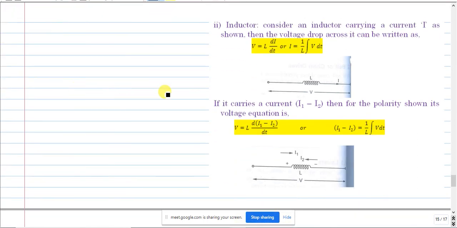The equation you can see here: the voltage drop across is given by V is equal to L di by dt. Or else you can represent it as I is equal to 1 by L integration of V dt.